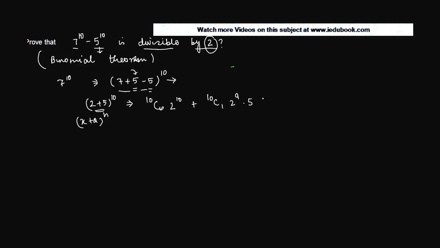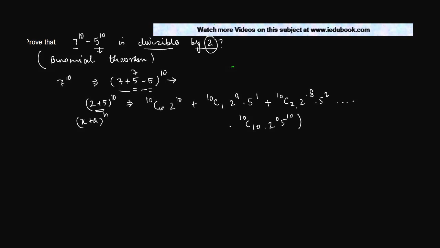And 5 to the power 1, plus 10c2, you get 2 to the power 8 into 5 to the power 2, and so on until you reach 10c10, 2 to the power 0 and 5 to the power 10.